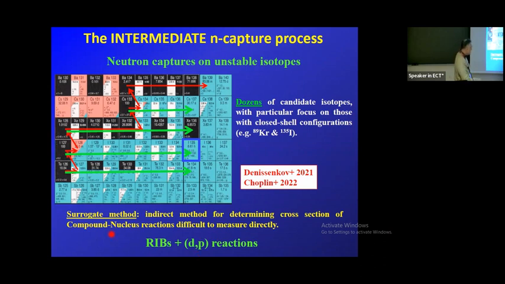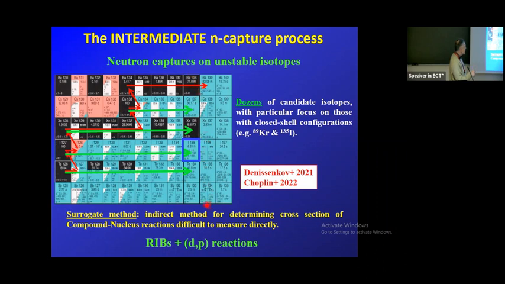And obviously you need a radioactive isotope beam in order for this process to occur. Also in this case, the most interesting reactions are those close to the neutron magic numbers.